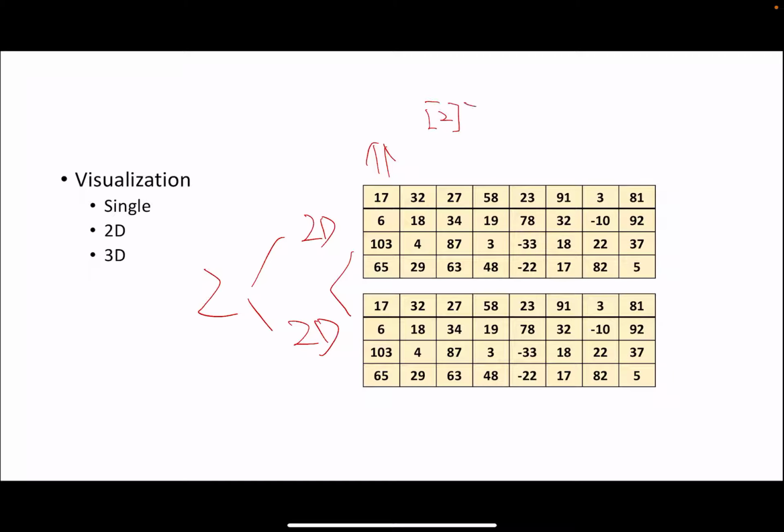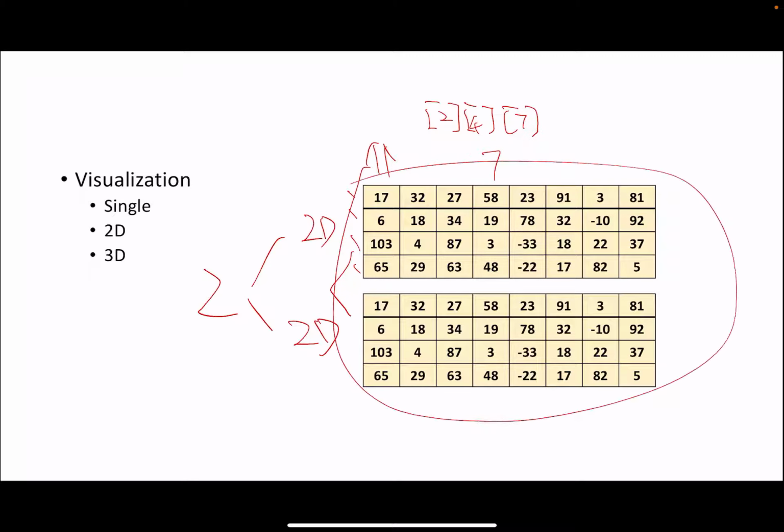Two, right? And each table has how many rows? One, two, three, four, right? And each row has how many columns? It's 7, right? If I give this picture to you, you should be able to declare this three-dimensional array using code to generate this visualization.